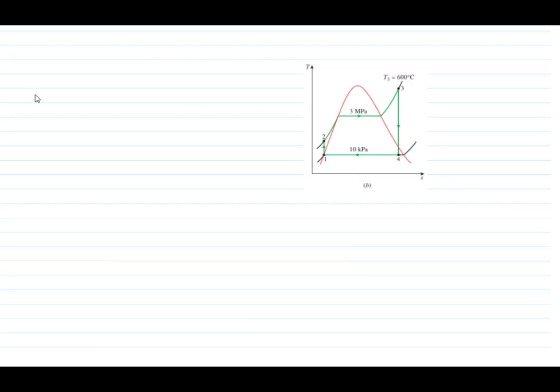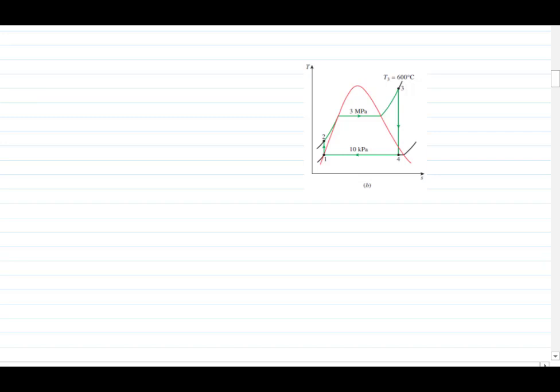Okay, in part B of the question, it mentioned that if we change the temperature of the working fluid or water in state 3, which is in superheated region, then how will be the thermal efficiency of the cycle?